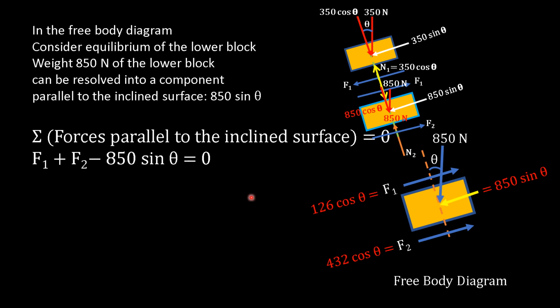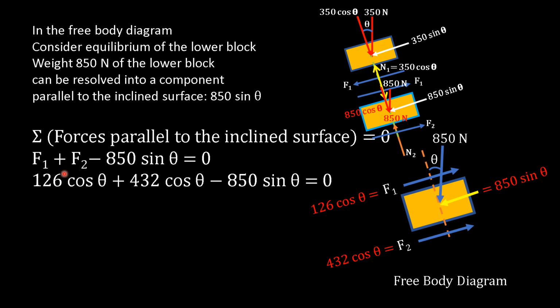850 sin theta is going leftwards, so it is negative. F1 is 126 cos theta, F2 is 432 cos theta. So it becomes 558 cos theta, these two, which equals 850 sin theta.